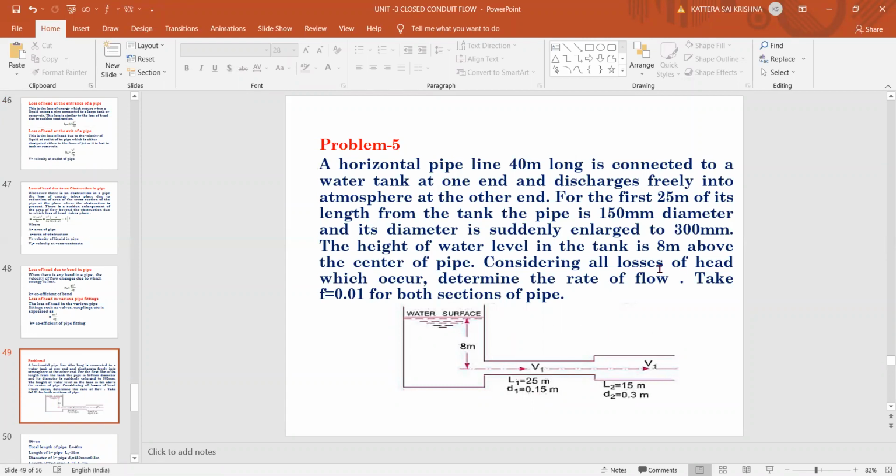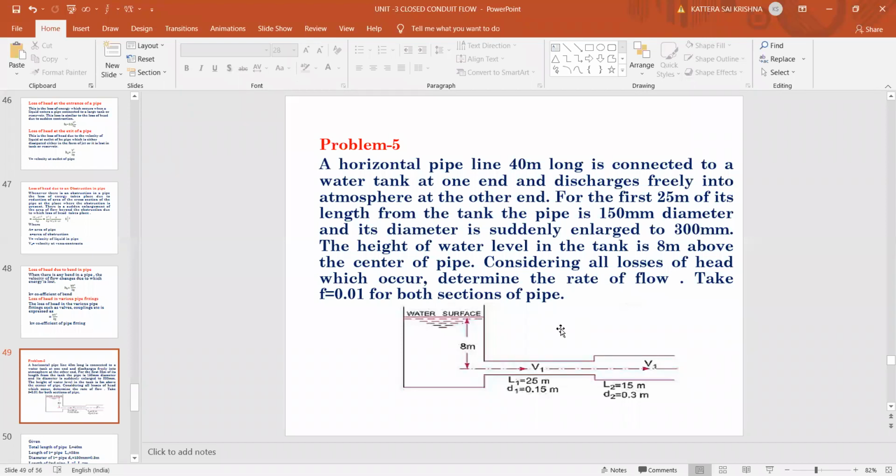In some problems, it is said that the pipe discharges to the atmosphere, so it is not connected to anything. So no need to take the exit loss there, nothing but at outlets, we cannot take any loss there. Suppose this pipe is again connected to some tank, at that time we need to take inlet loss here and outlet loss here. So 2 things should be considered.